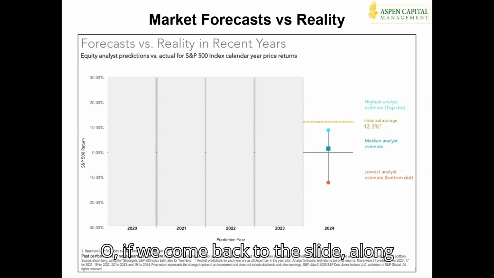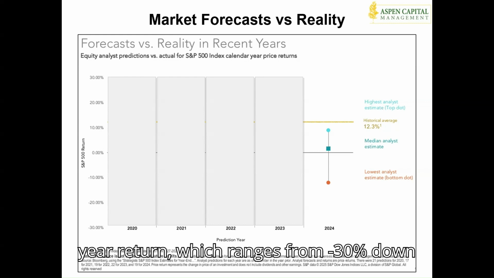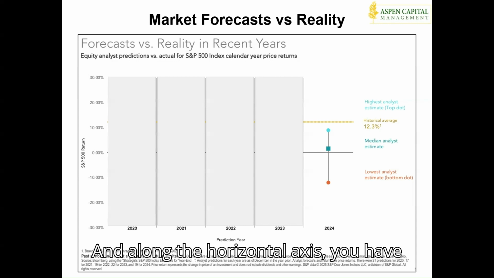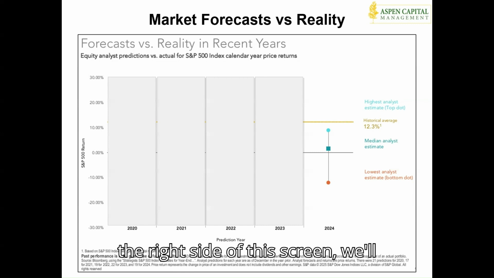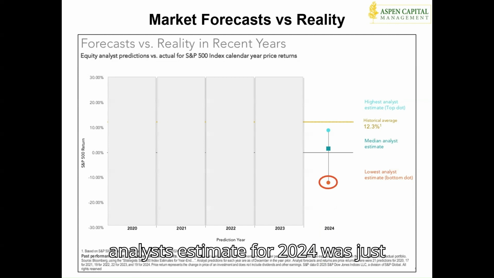So if we come back to the slide, along the vertical axis, you have the calendar year return, which ranges from negative 30% down there at the bottom to positive 30% at the top. And along the horizontal axis, you have the calendar year. So if we come over to the right side of this screen, we'll start with calendar year 2024. You can see here in this bottom red dot that the low analyst estimate for 2024 was just under negative 10%.